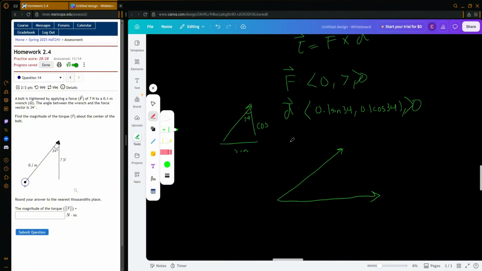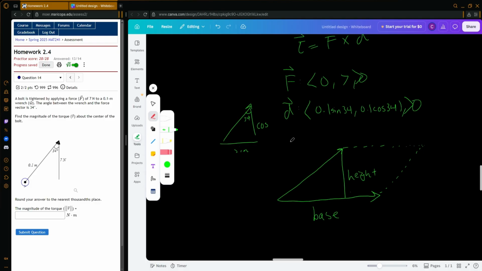Another way to do it: we remember that torque is this area, the area of this parallelogram. And to get the area of the parallelogram, instead of doing the cross product, we can simply do base times height.